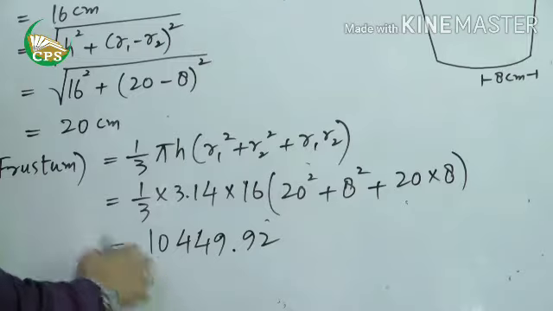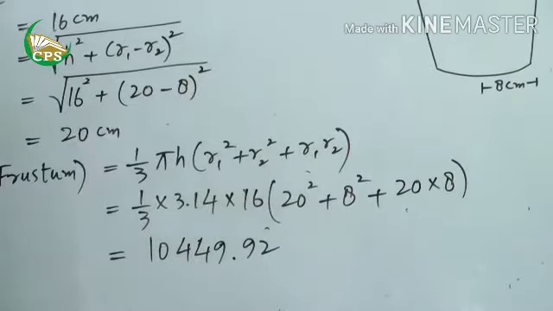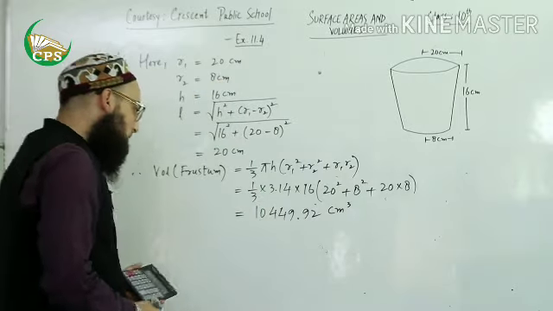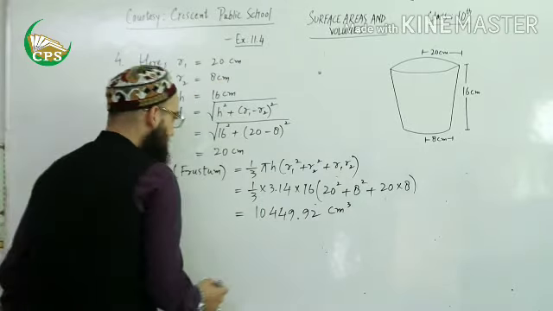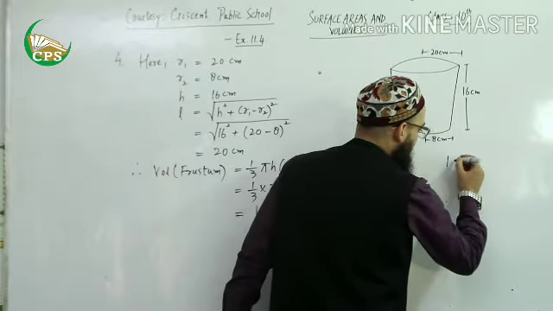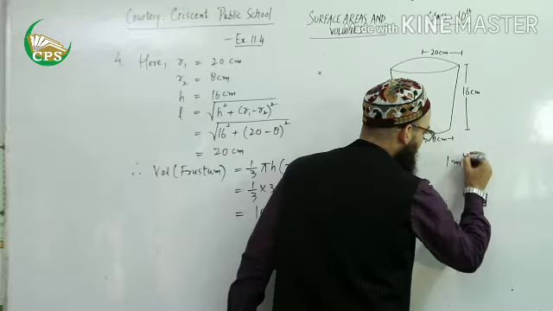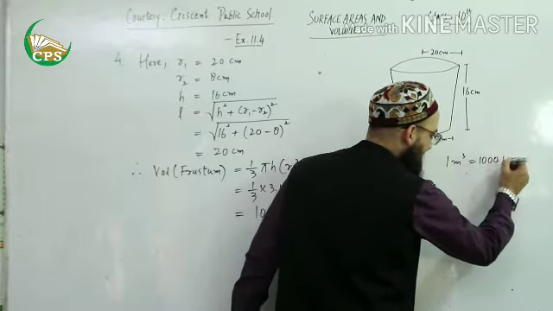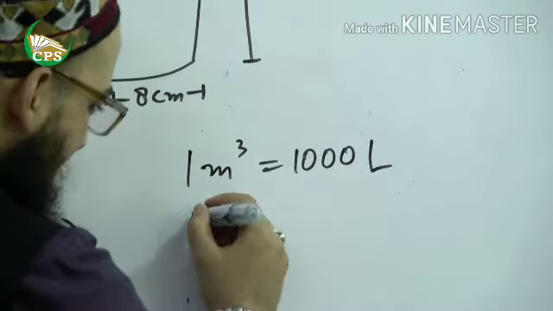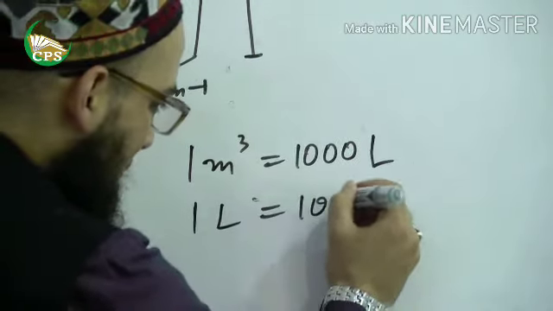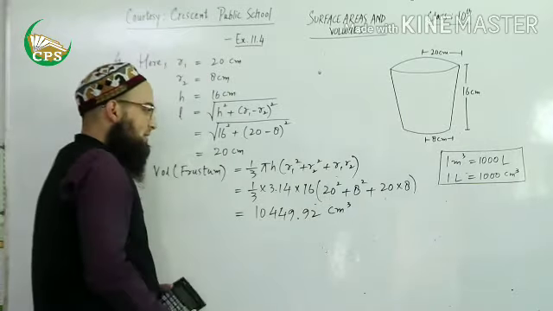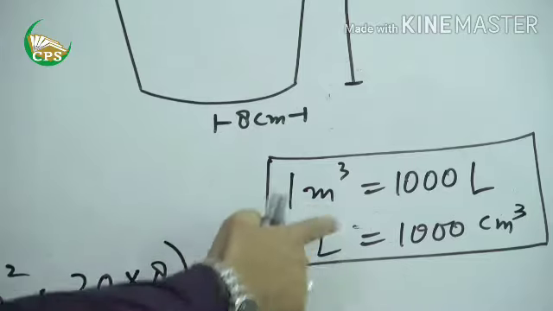Our units are centimeter, so this is in cubic centimeter. Now let me convert this to liters. You know the conversion: 1 cubic meter is equal to 1000 liters, and 1 liter is equal to 1000 cubic centimeter. Now we have cubic centimeter, that means 1 cubic centimeter is 1 by 1000 liters.